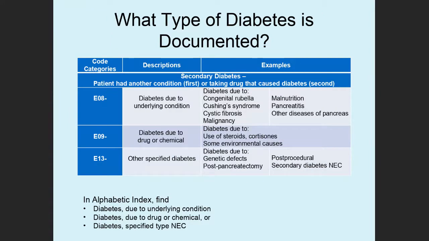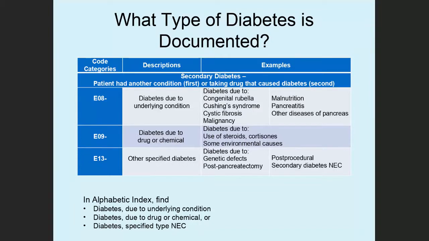Secondary diabetes is different. This is where the patient had something else first, a condition, or was taking a drug, and because of that, they got diabetes, rather than they had diabetes, which caused a complication. In this case, they had something else, and that caused the diabetes. So you have 3 types of that. You have E08, which is diabetes due to underlying condition like cystic fibrosis, malignancy, pancreatitis.